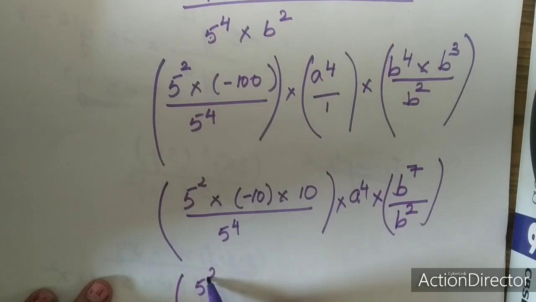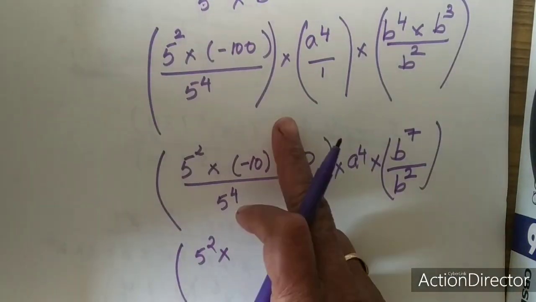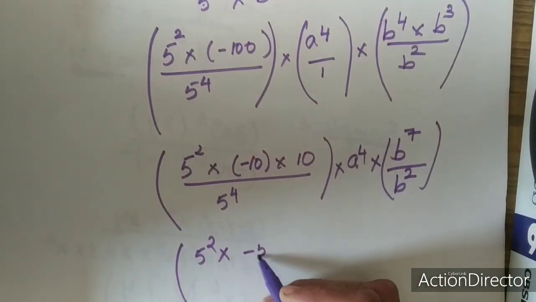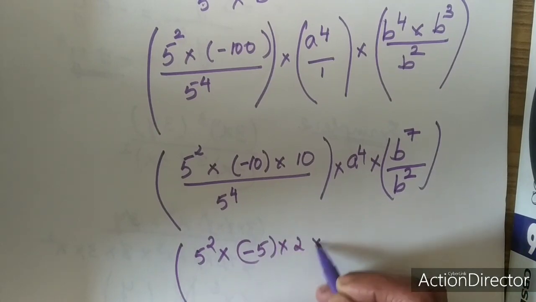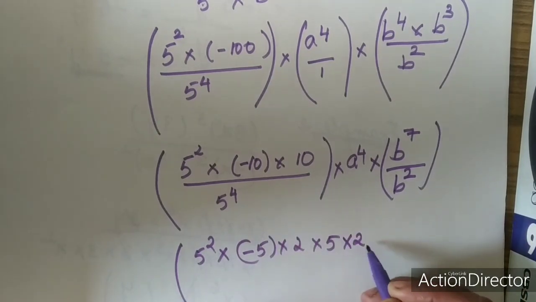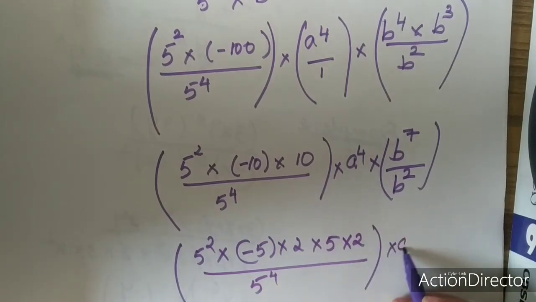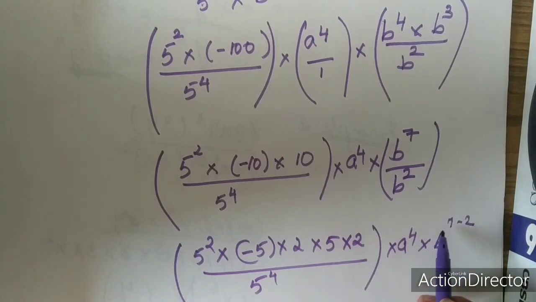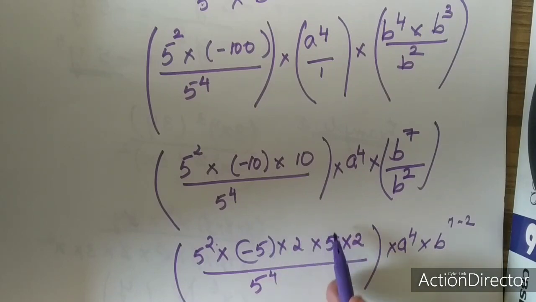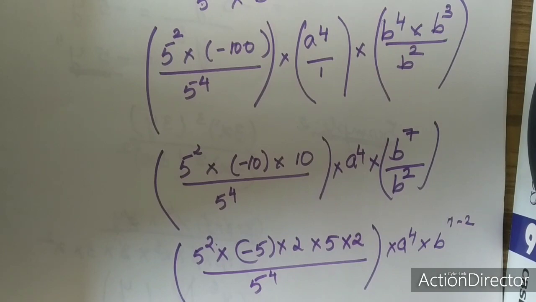So 5 square, again you can simplify this 10 as 5 into 2. So minus 5 into 2 into 5 into 2 divided by 5 power 4 into a power 4 into b power 7 minus 2. Here I can further simplify this as minus 5 power 2 plus 1, 3, 3 plus 1, 4, into 4.